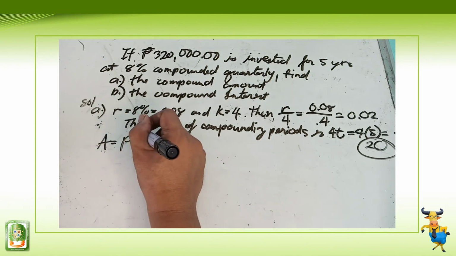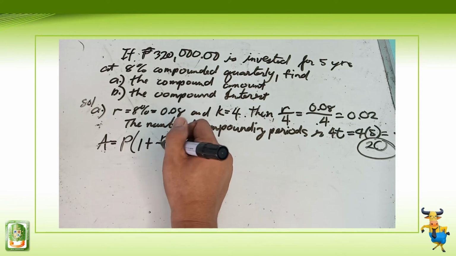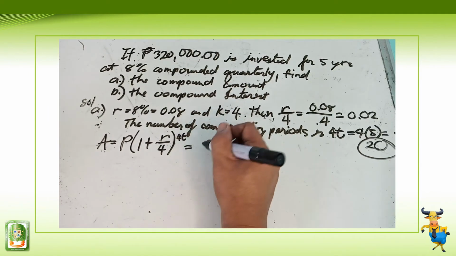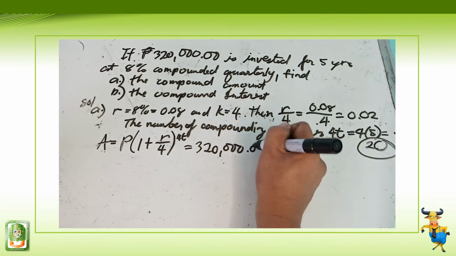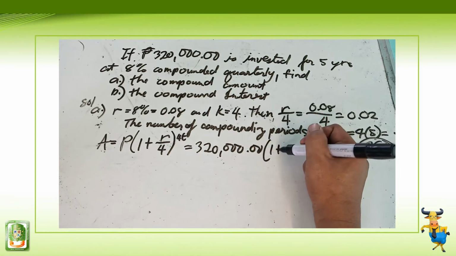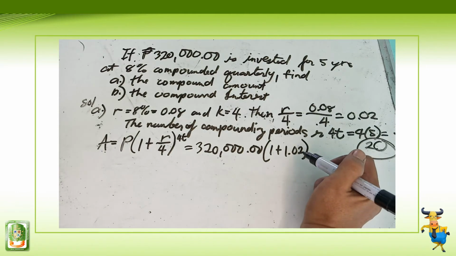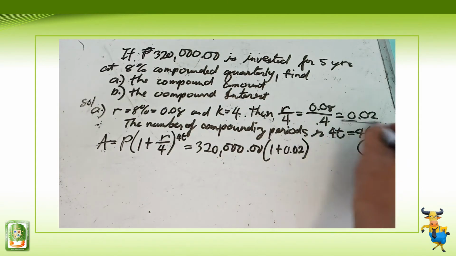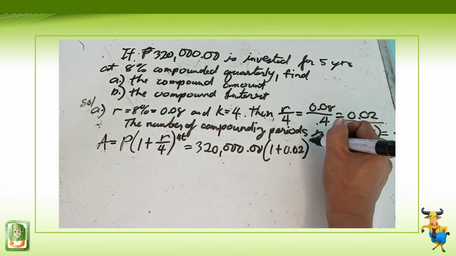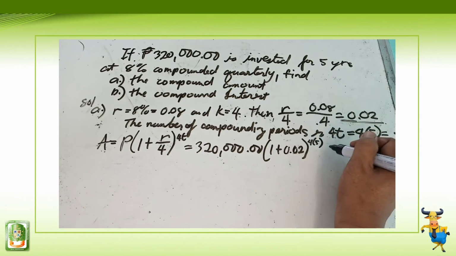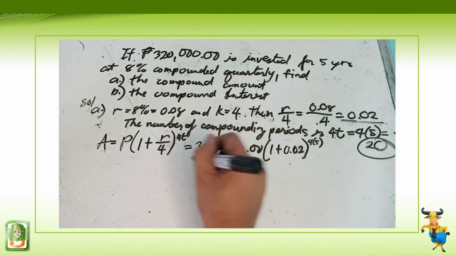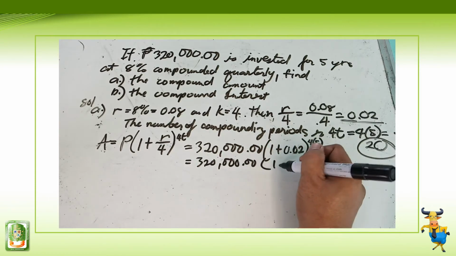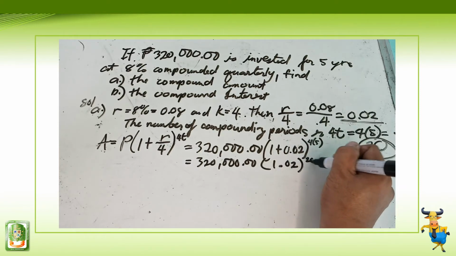A is equal to the principal times 1 plus the rate of interest, for quarterly, raised to 4 times 5, is equal to 320,000 pesos times 1.02 raised to 20.